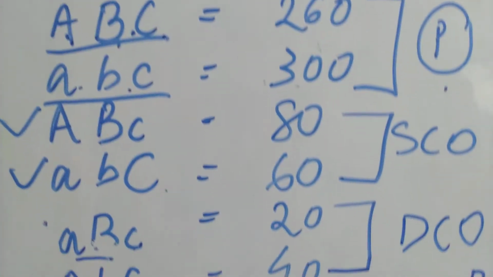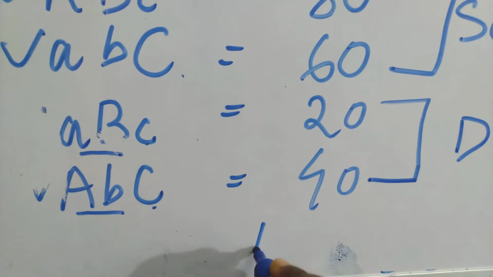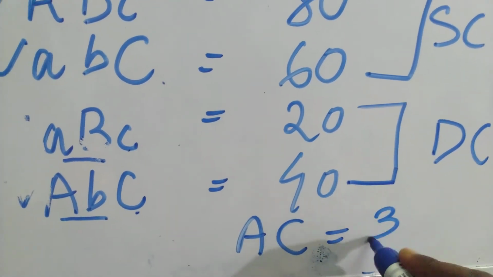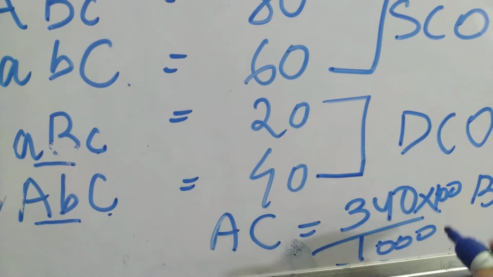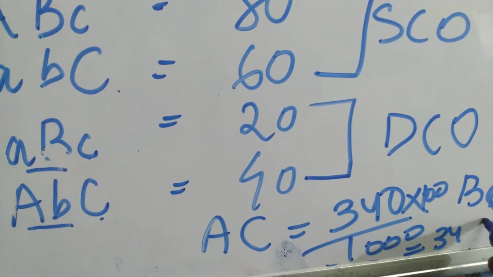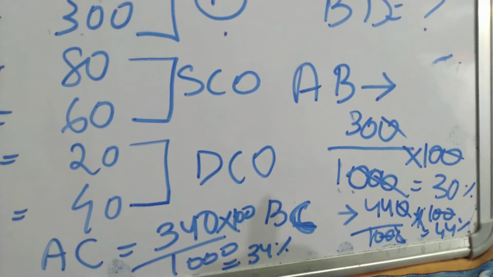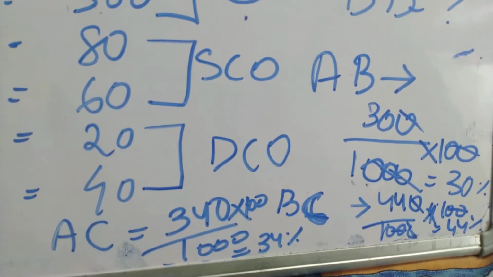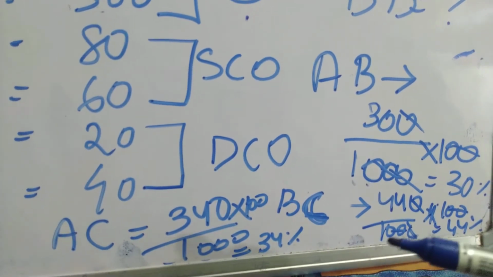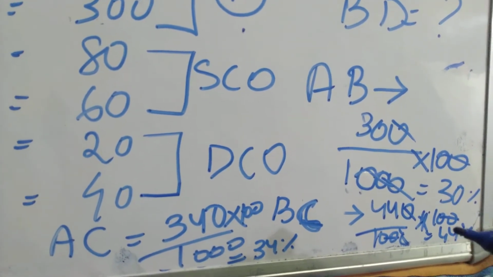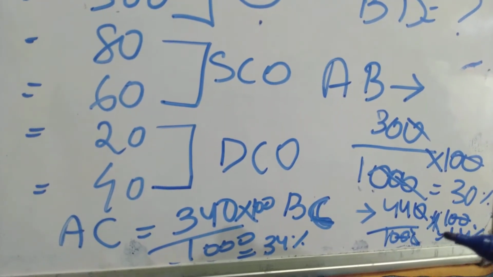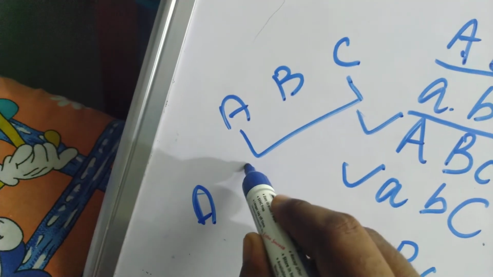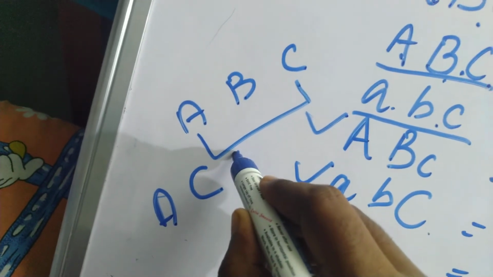So the distance between AC is 340 divided by 1000 into 100, that equals 34%. So see, first one is 30%, second one is 44, and then 34. That means obviously B and C are the distant ones and AC are the nearer ones.